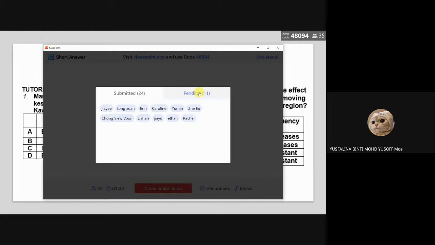Jayi, Tonzun, Erin, Caroline, Yumin, Jeyu, Sylvan, Zishan, Jayu, Ethan, and Rachel.